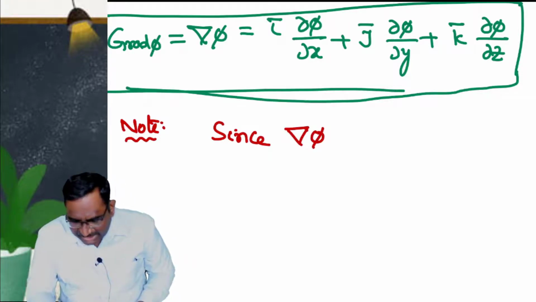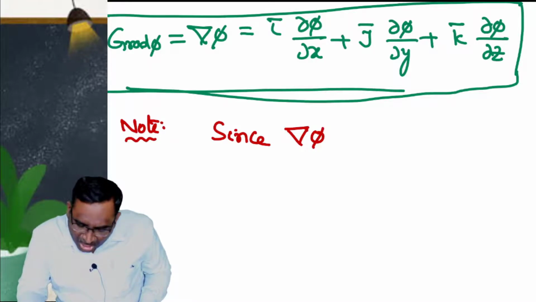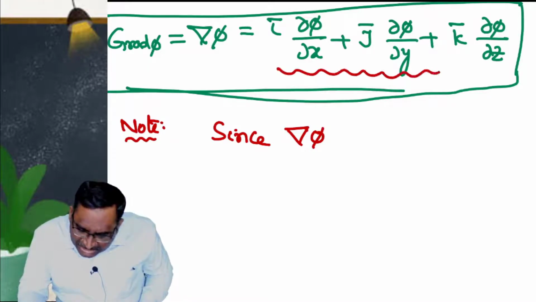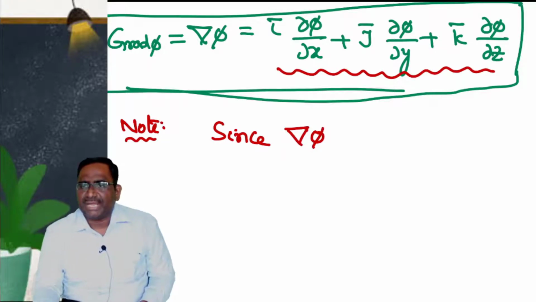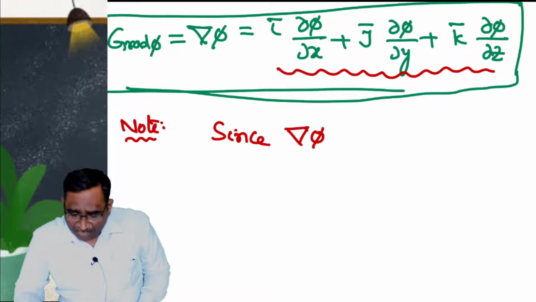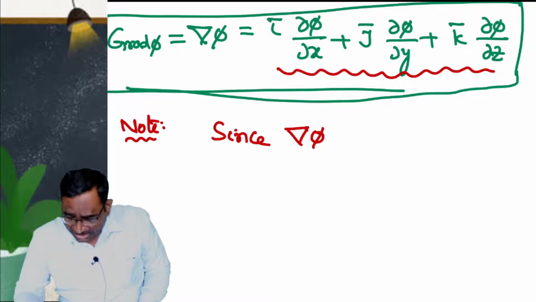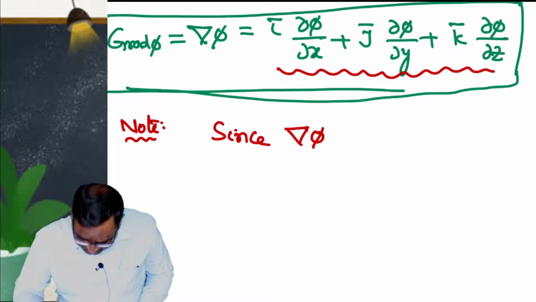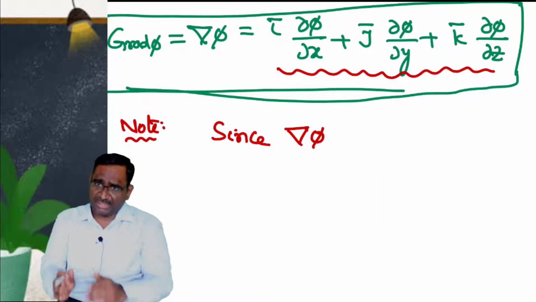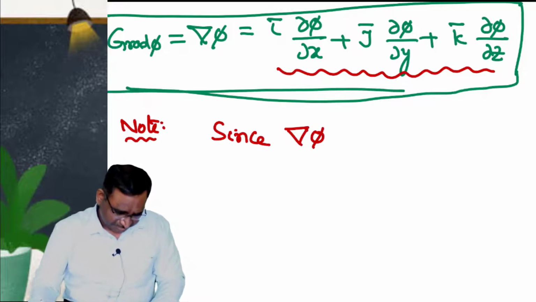The resultant is the gradient, grad phi or del phi. If you observe the right-hand side in the definition, it becomes a vector. Dou phi by dou x is some scalar value, dou phi by dou y, dou phi by dou z at that particular point, with i bar, j bar, k bar in those directions. So the right-hand side represents a vector.